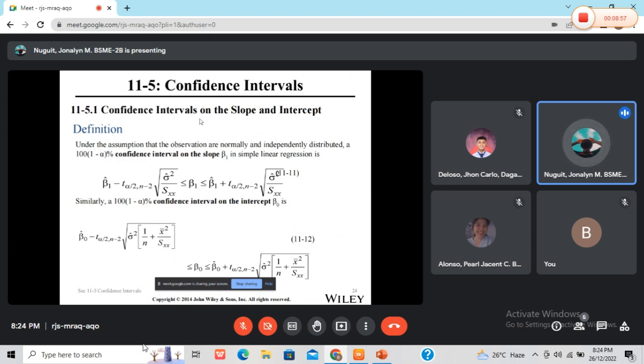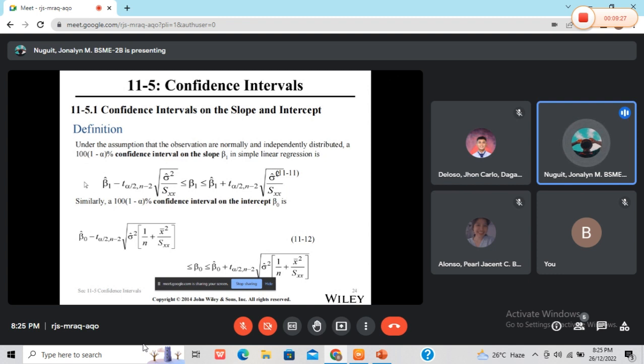Under sa confidence interval kay ang confidence intervals on slope and intercept. So, ang definition is under the assumption that the observations are normally and independently distributed, a 100(1 minus alpha) percent confidence interval on the slope beta sub 1 in simple linear regression is kaning formula na nakita sa screen.